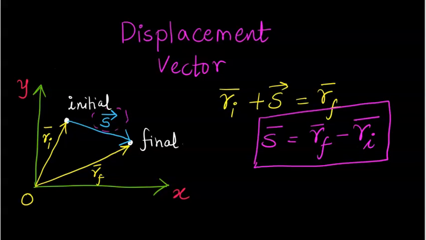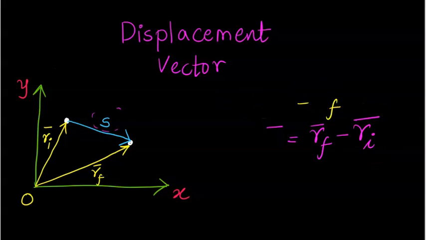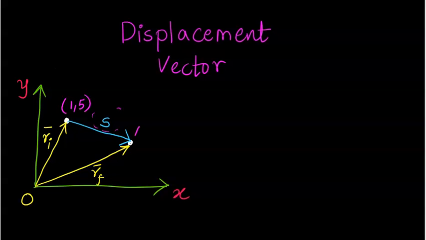So now let's look at the problems that we can encounter. The type of problem you can encounter is like this. So let me change the initial position to some coordinates. Suppose the coordinates of this are, let's say, 1 and 5, and for this it is 6 and 4.